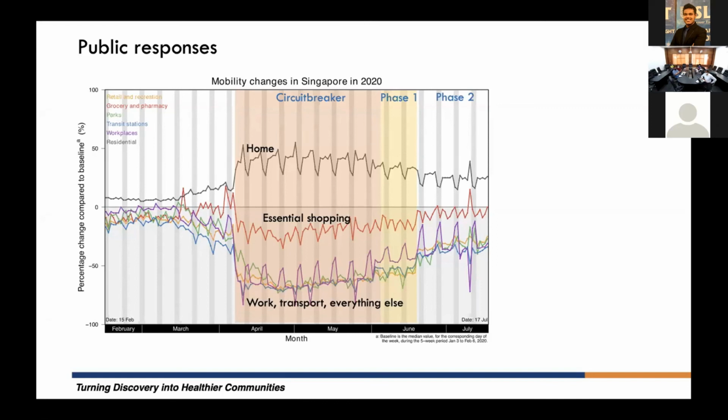At the beginning, we don't know what the impact of that is going to be on transmission, because we'll only start to see the impact of it one to two weeks after you've had a few generations of infection. However, with Google mobility data, you're able to see immediately that there's a huge rise in the proportion of time spent at home, and a huge fall of over 50% in the amount of time spent at work or in everything apart from essential shopping like groceries.